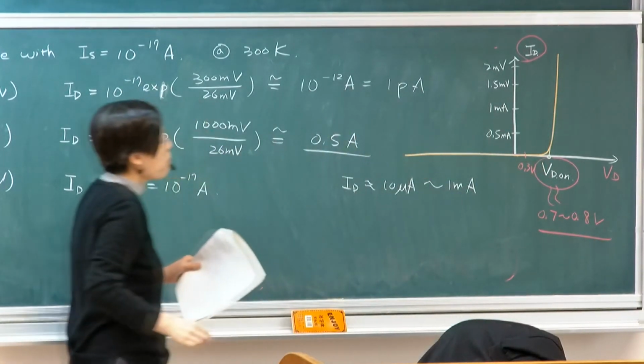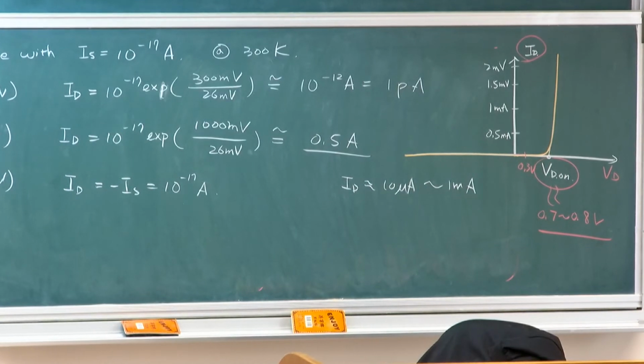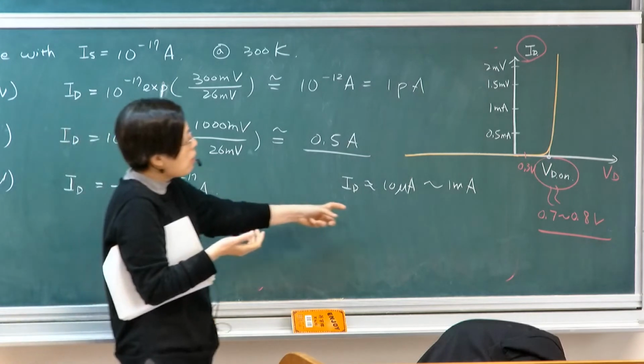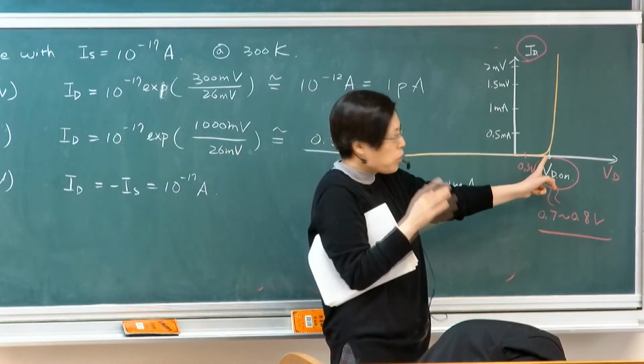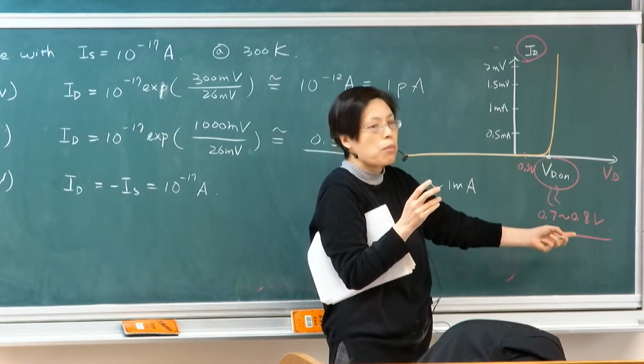Okay? So it would depend on what is your operating range. What is the operating range of your circuits? If the current level you're dealing with is somewhere around here, you will actually see your turning point somewhere around here.